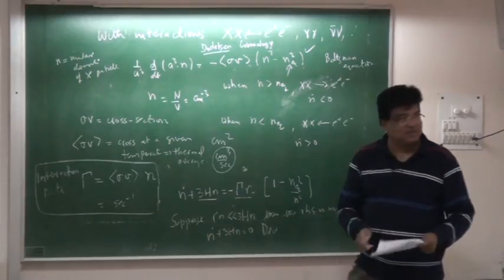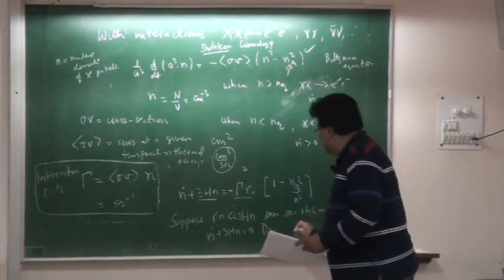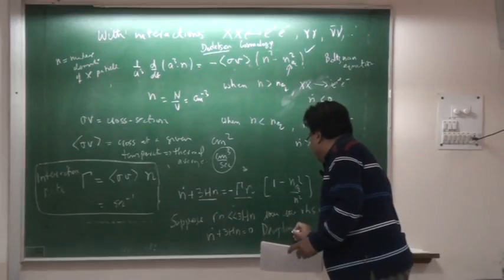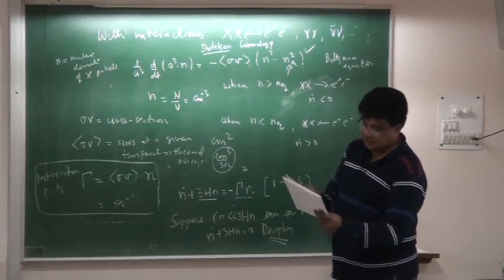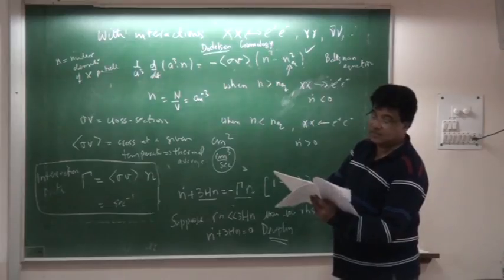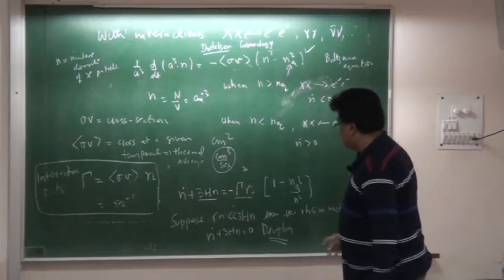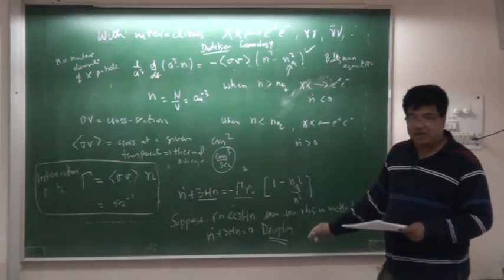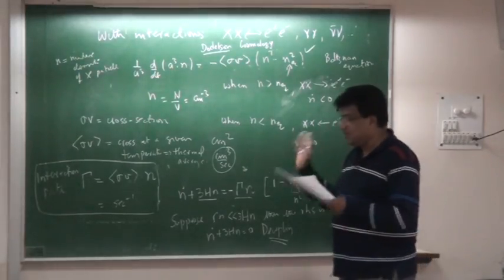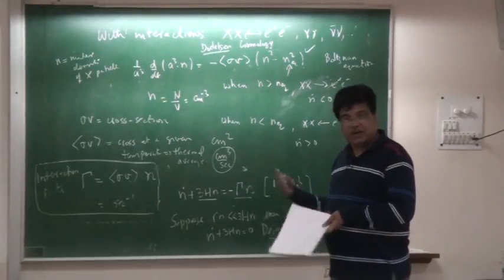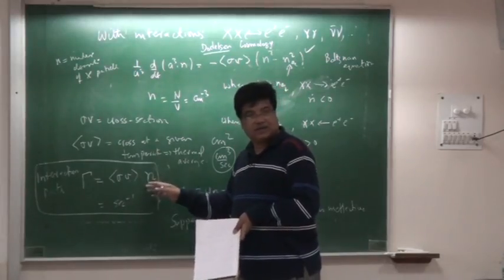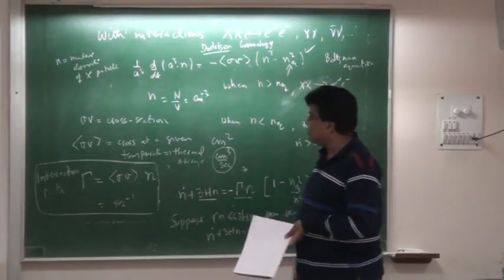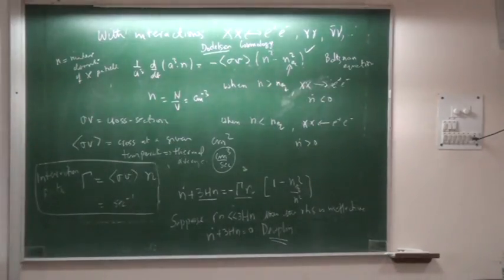The idea of decoupling is that there is interaction always taking place, but if your interaction rate, which is given by sigma v times n for a quantity, is less than the Hubble expansion rate, then that is the decoupling criterion.